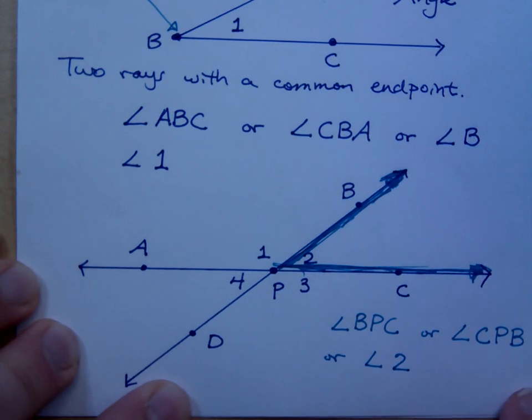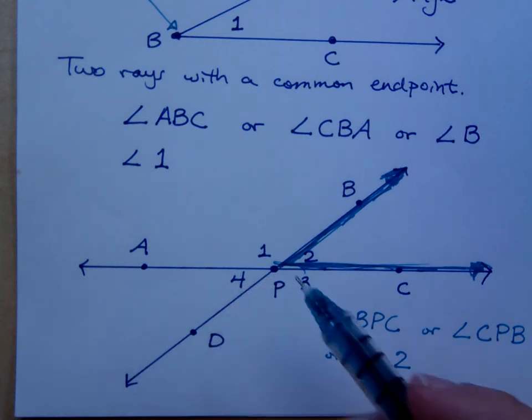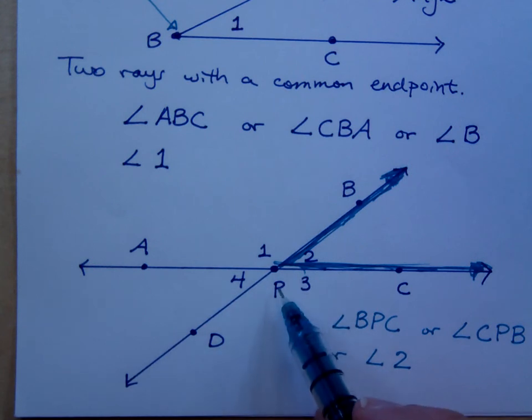Now, could I label this guy as angle P, like in the last diagram I had angle B? Why can I not just call this angle P? Well, because there are multiple angles that have P as the vertex, right? You've got 4 angles that all have P as the vertex.